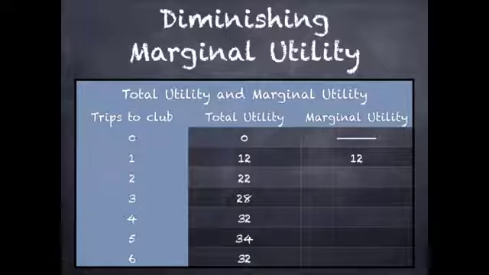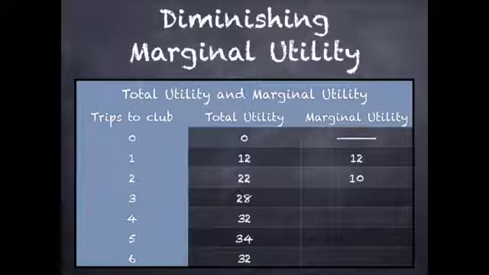So what we're doing is we're taking incrementally as we increase the trips to the club, how much does our total utility increase? So when we go from 0 to 1, our total utility goes from 0 to 12. The increase is 12 units. And we can do that for each successive increase in the trips to the club. So if we go to a club a second time, our total utility is equal to 22 units for 2 visits to the club.